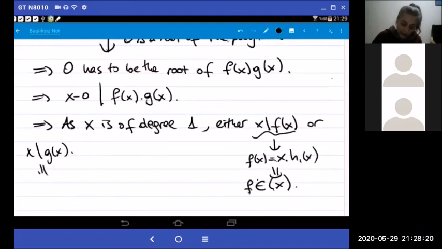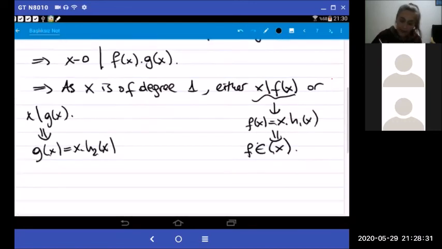Or if this is the case, g of x is equal to x times h2 of x for some polynomial h2 of x, and this means that g lies in the ideal generated by x.